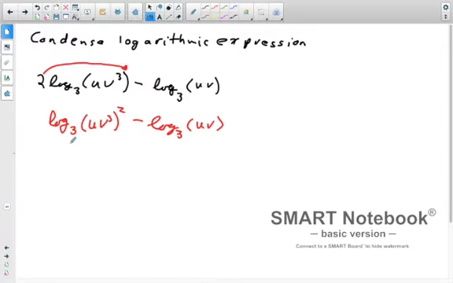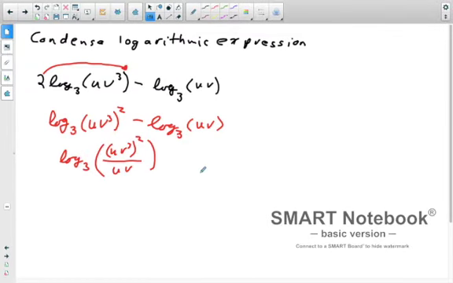Now we can apply the difference. The fact that we are subtracting logarithms means that we are subtracting exponents. And the only time we ever subtract exponents is when we are dealing with division. So what we have is uv cubed squared divided by uv.